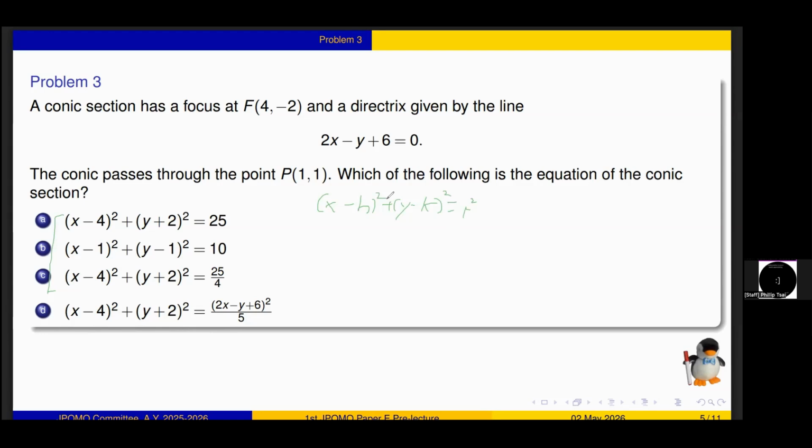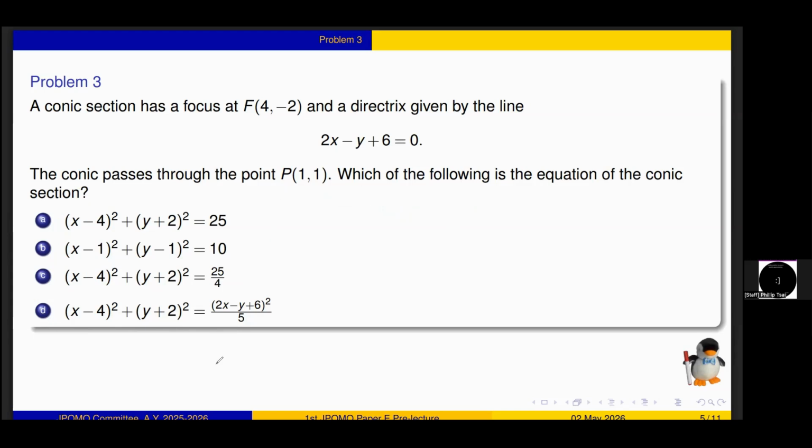But it has a directrix given by a line, which doesn't make any sense here. So it can't be any of these options. And so our only choice left is the option that isn't a circle, which is supposed to be D.